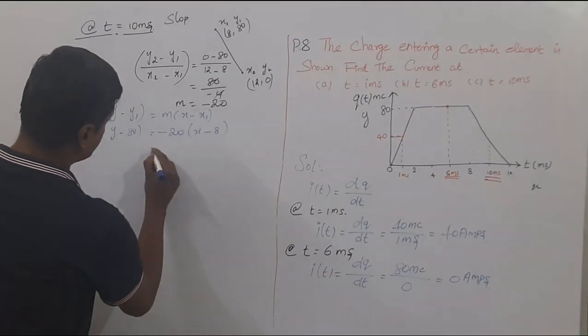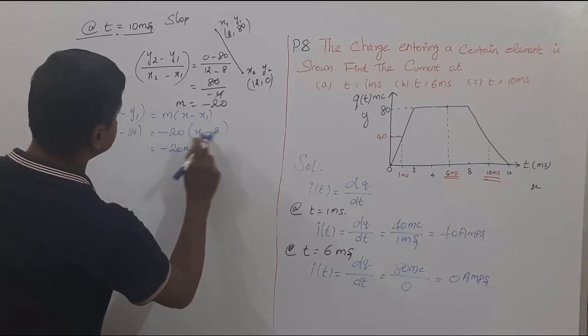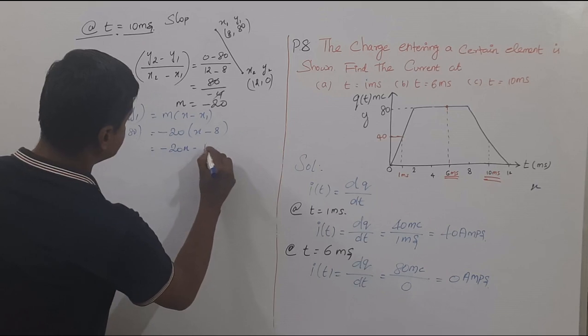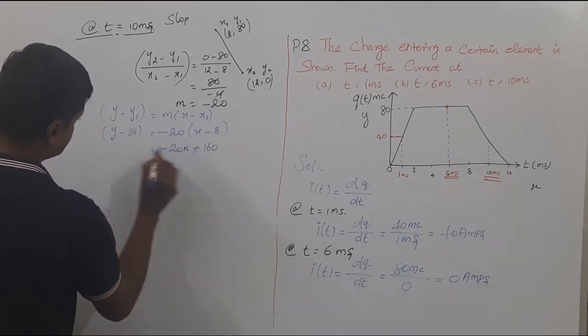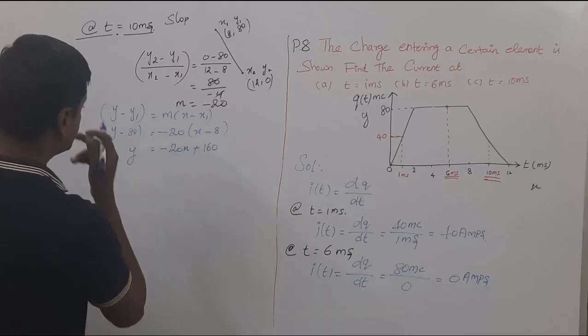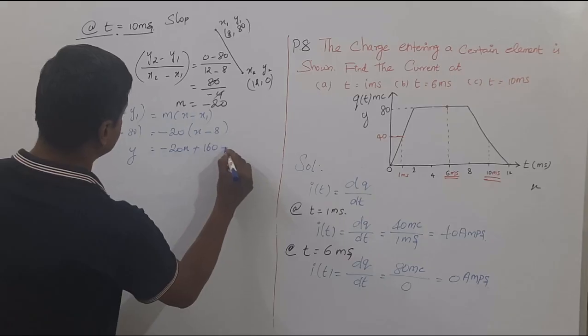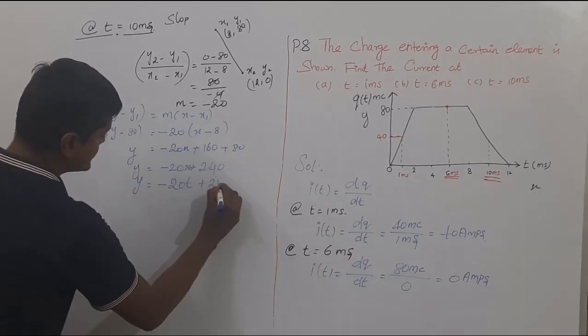Now we are multiplying minus 20x, 8 2s are 16, 160, minus into minus is plus. So this we take to that side, that is minus 80 comes here, that is plus 80. So y equal to minus 20x plus 240.